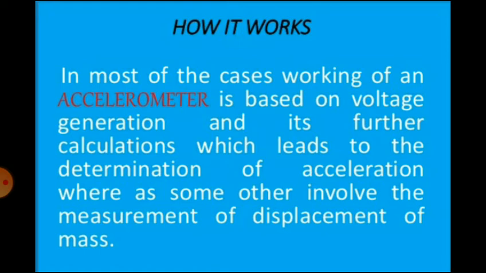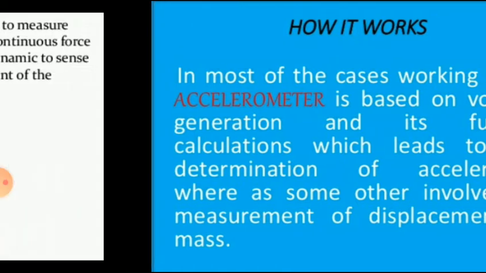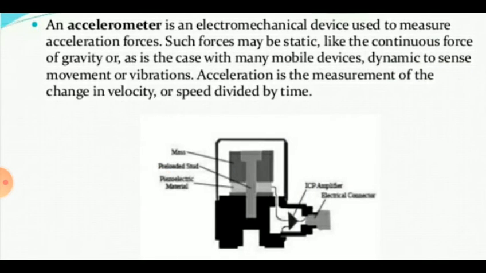So that is regarding the working of the accelerometer. Another definition of the accelerometer: it is an electromechanical device used to measure acceleration forces. It may be static or dynamic. Acceleration is the measurement of the change in velocity or speed divided by time.